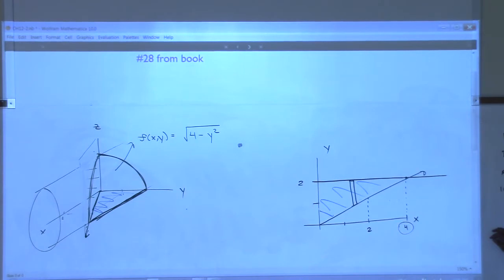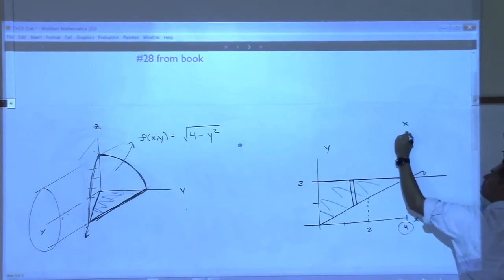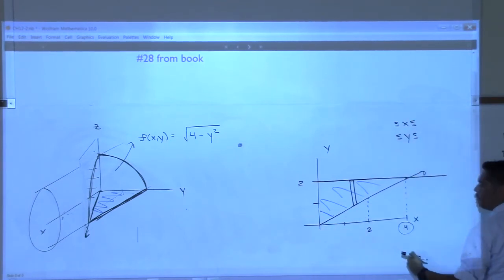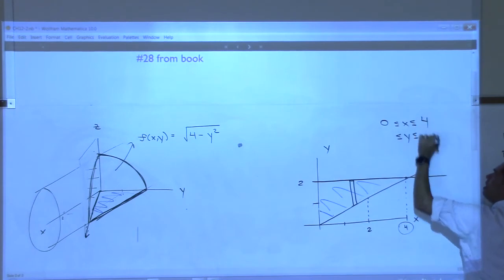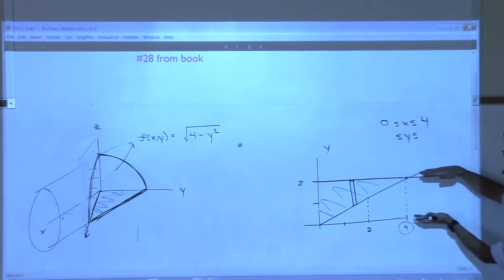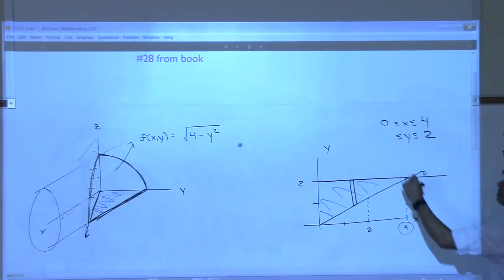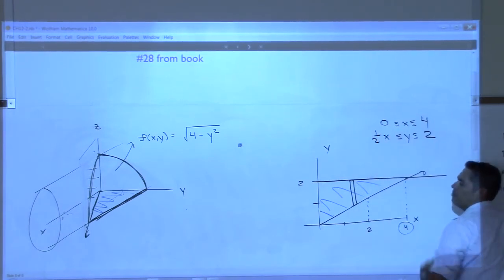So here we should be able to go x and y. X is between what? 0 to 4. And then my y's, well, I know my top one is 2, right? And the bottom one is this line, which is half of x. And that's it.